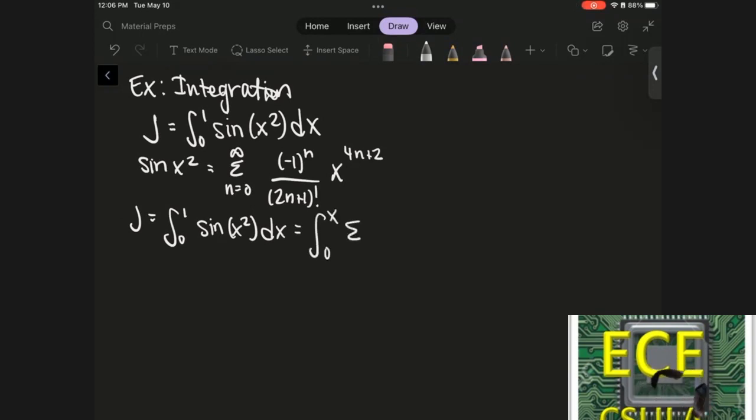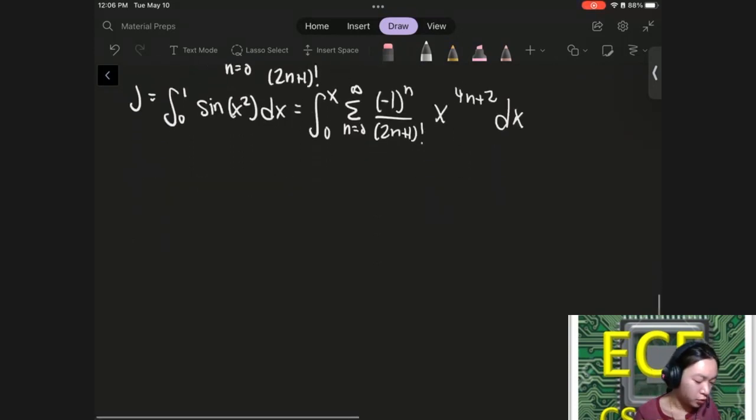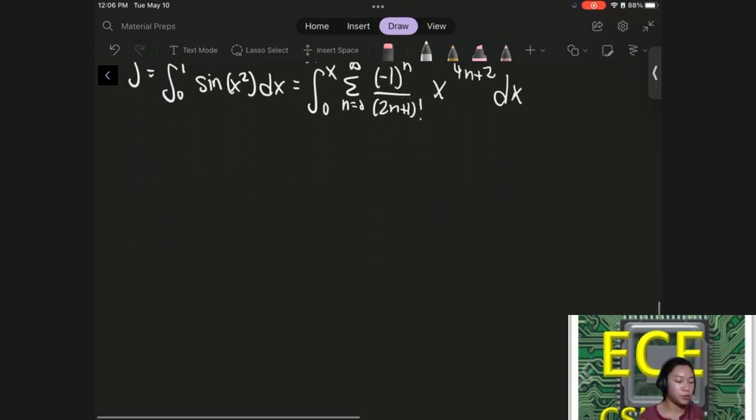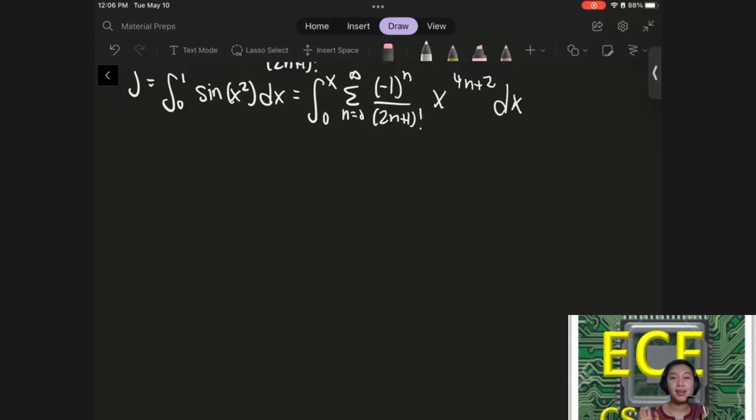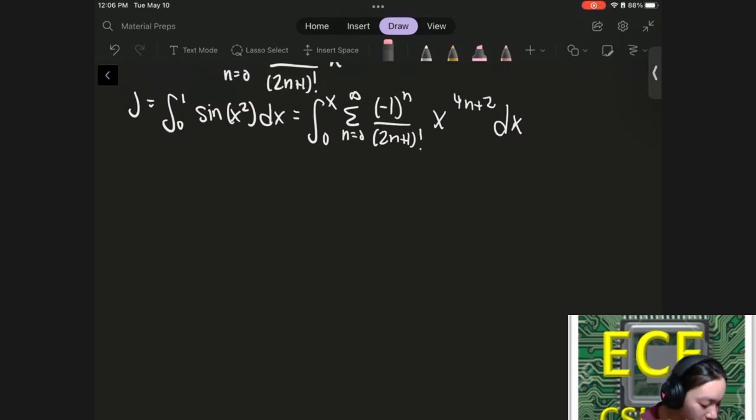So it's the sum of n equals 0 to infinity of (-1)^n over (2n+1) factorial times x to the 4n plus 2 dx. This is simply applying the integration rules.